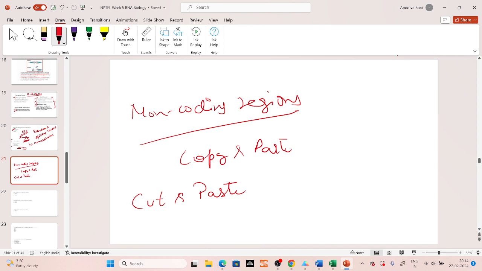A particular region gets copied and then it gets pasted to some other place. Or in cut and paste, a particular region is cut from here and pasted, just like in your computer we do copy and paste and cut and paste. In copy and paste, we copy a particular thing and paste it to some other place. In cut and paste, we cut that particular area and then paste it to some other place. So transposomes work either by copy paste or cut paste mechanism.